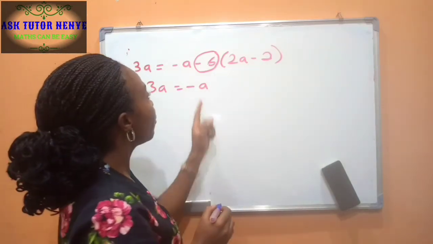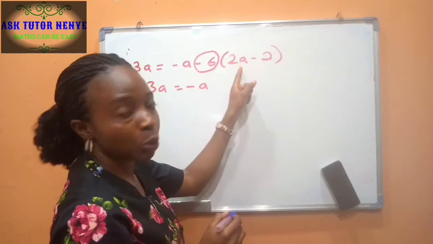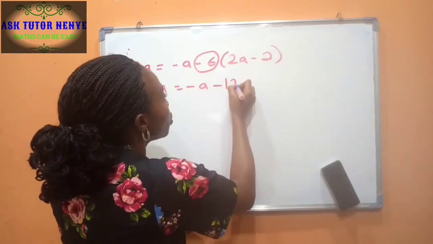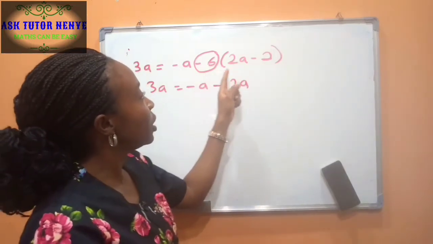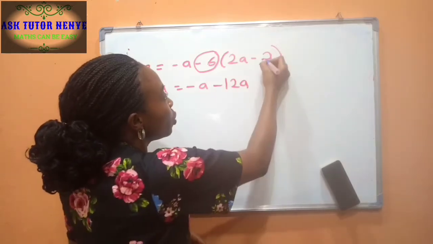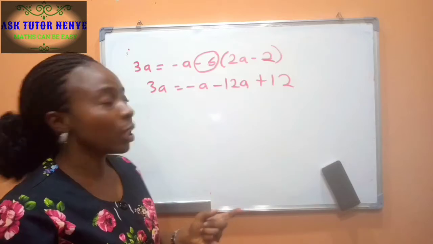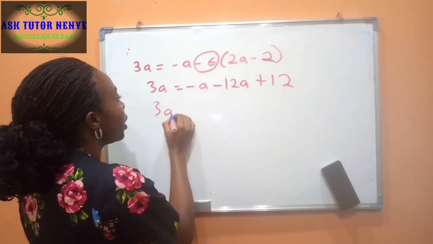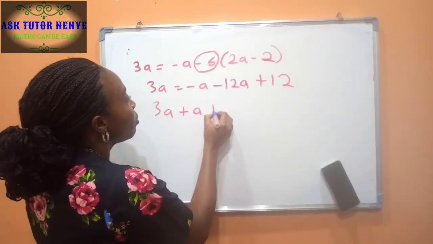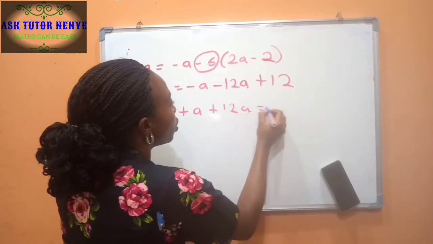So we are going to have minus 6 times 2a. You're going to have a minus 12a. Then you have minus 6 times minus 2 gives us what? Plus 12. Now we've done that, we can easily collect our like terms. We have 3a plus a plus 12a equals to what? 12.